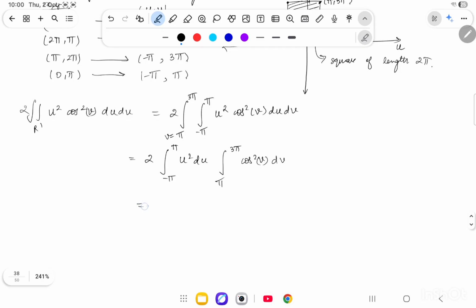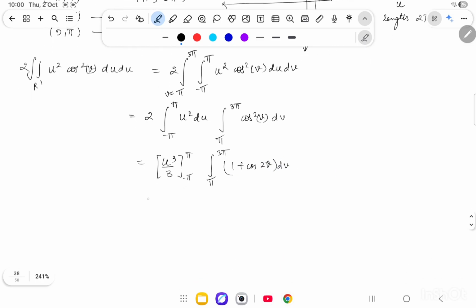So this simplifies to u cube by 3 over minus pi to pi, and 2 times cos square v will be 1 plus cos 2v dv. So it simplifies to 1 by 3 into pi cube minus minus pi cube, multiplied by v plus sine 2v divided by 2, with limits from pi to 3 pi.